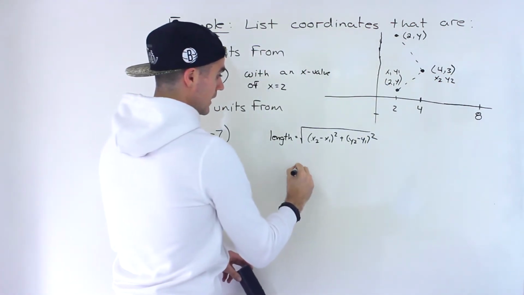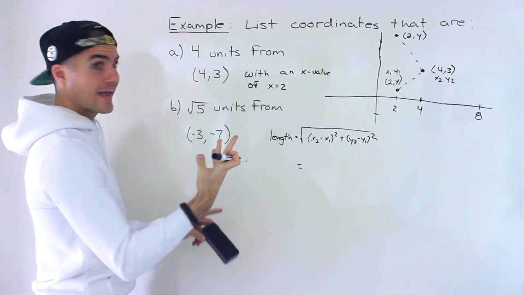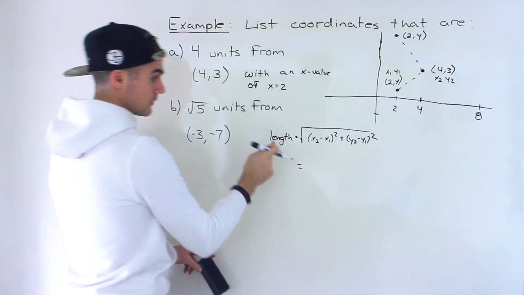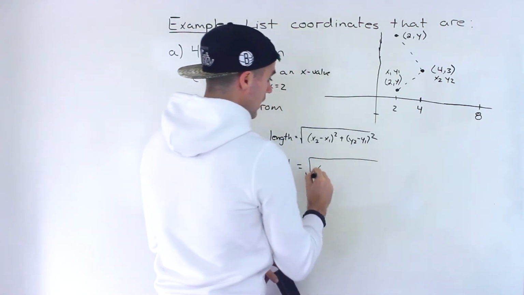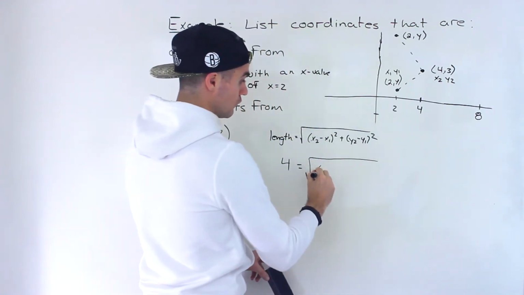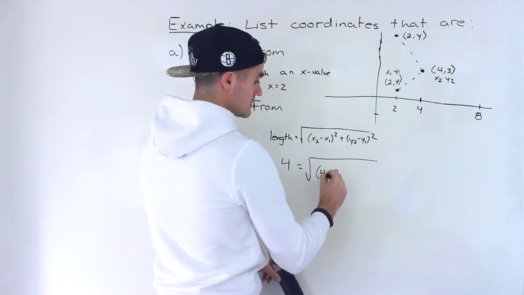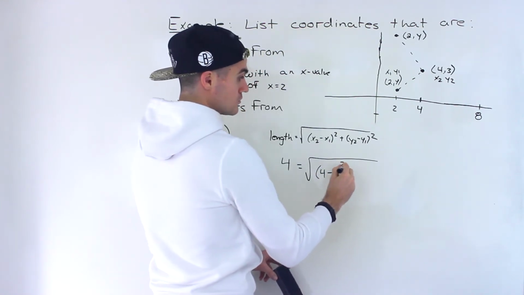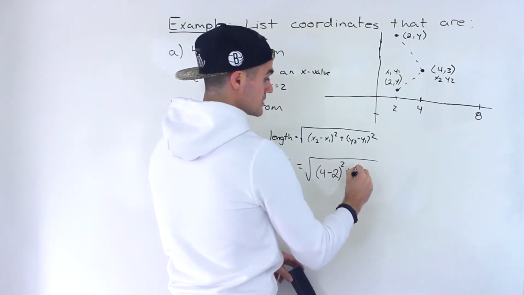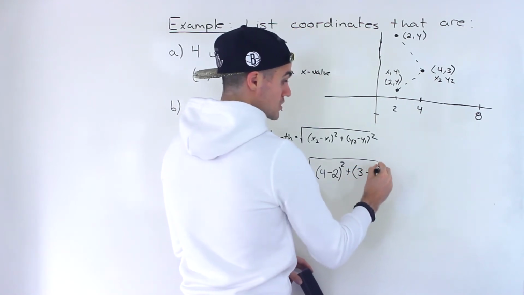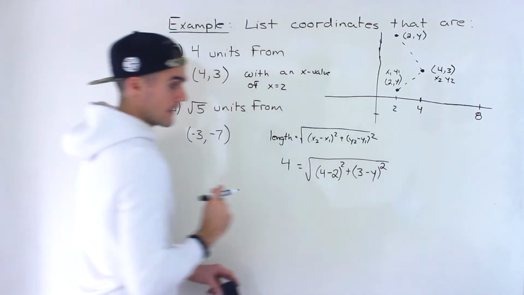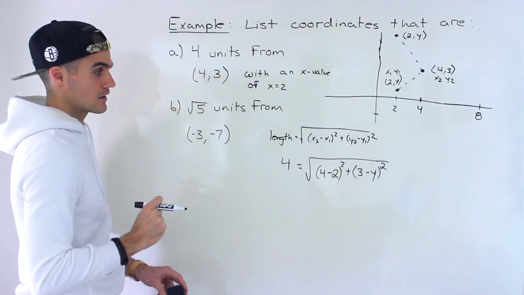Plugging everything in, we know the length has to be 4, so we plug that in on the left side. Then we have the square root of x2, 4, minus x1, which is 2, squared, plus y2, which is 3, minus y1, which is y, that's what we're solving for, squared right there.